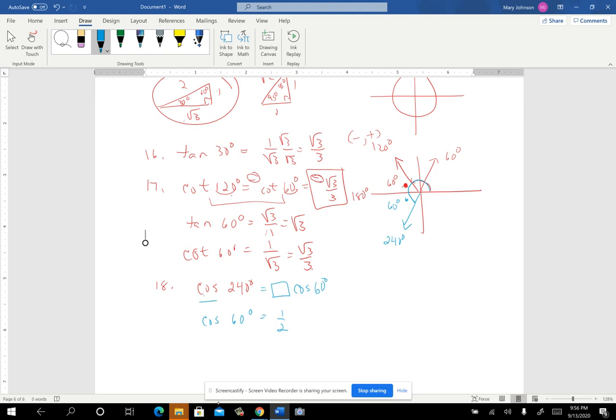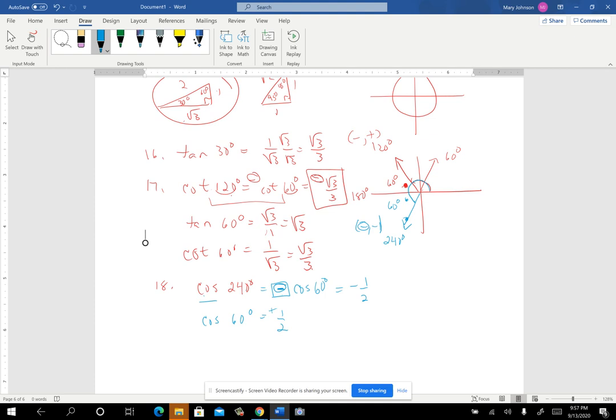Because 60 is in the first quadrant, its cosine is positive. But see 240? It's over here where if you were a point in that quadrant, wouldn't you be negative, negative? So the cosine would be negative, so you do need to throw a negative on that. So your answer is going to be negative 1/2. That's the way you reason it out, and that's the way you'll have to share with me how you reasoned it out.